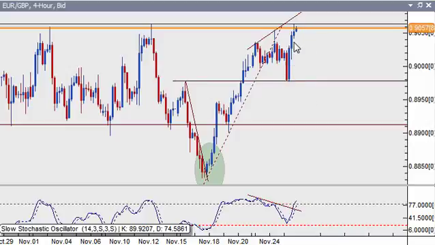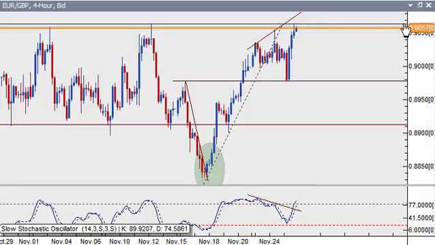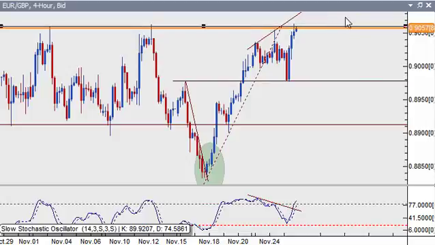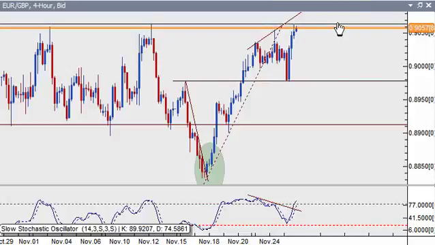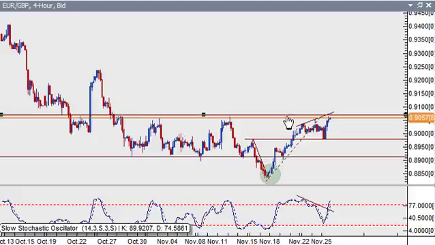So now this price action here doesn't completely invalidate the short-term bearish outlook, but if it does break above 0.9060, up here, or rather 0.9070, if it does break above this resistance, we have to reassess our outlook.